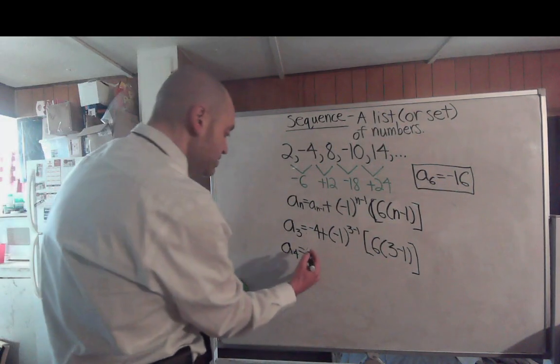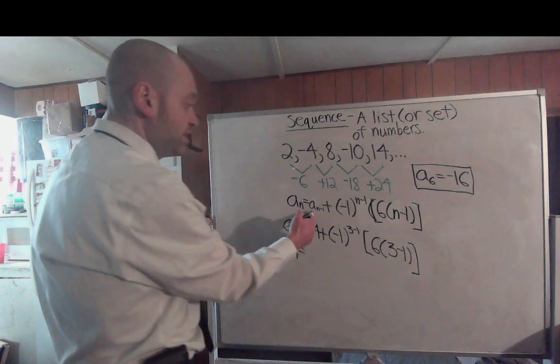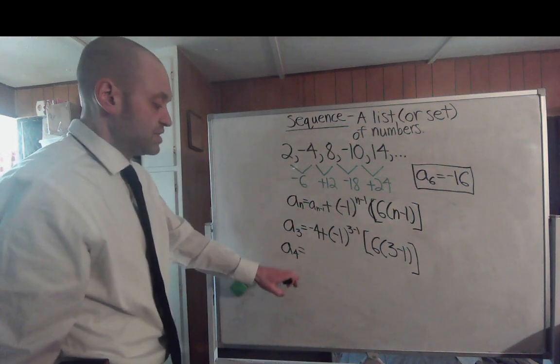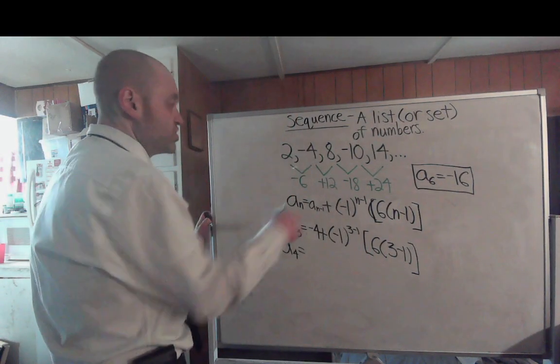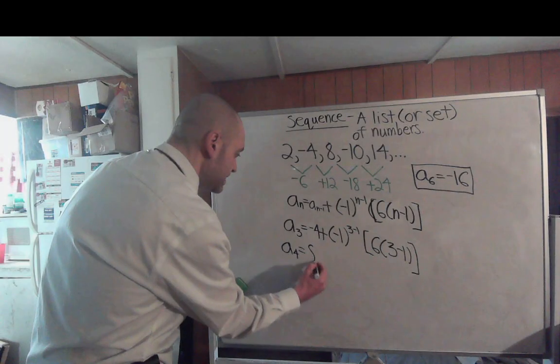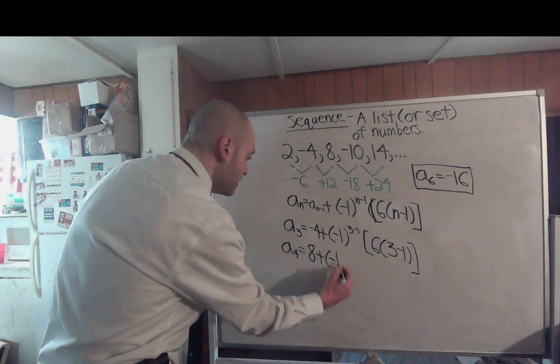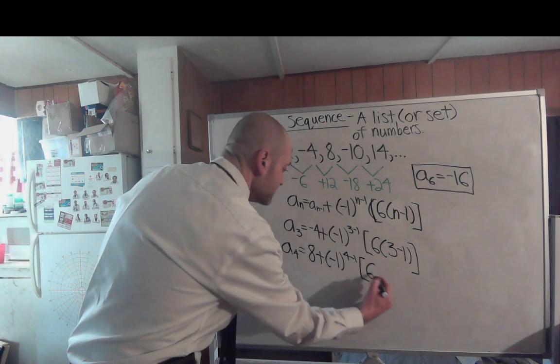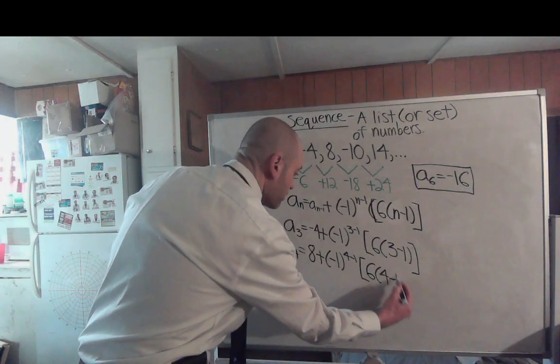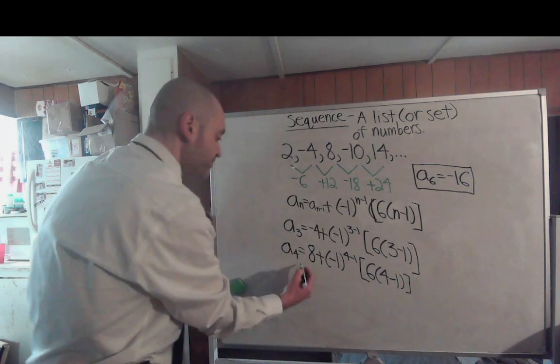Now let's say I want to take a sub 4. So that's going to then be, of course, take your previous term, that a sub n minus 1, which would be your a sub 3, which is your 8. So that's going to be 8 plus that negative 1 to the 4 minus 1 times the quantity of 6 times the quantity of 4 minus 1. All right?